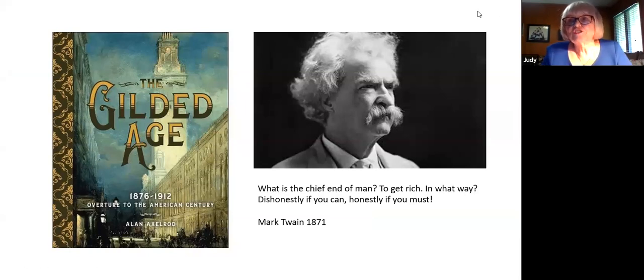Yes. So I am starting with American, and then we'll move to Europe. As you see, the title says The Gilded Age, which very specifically was from 1876 to 1912.